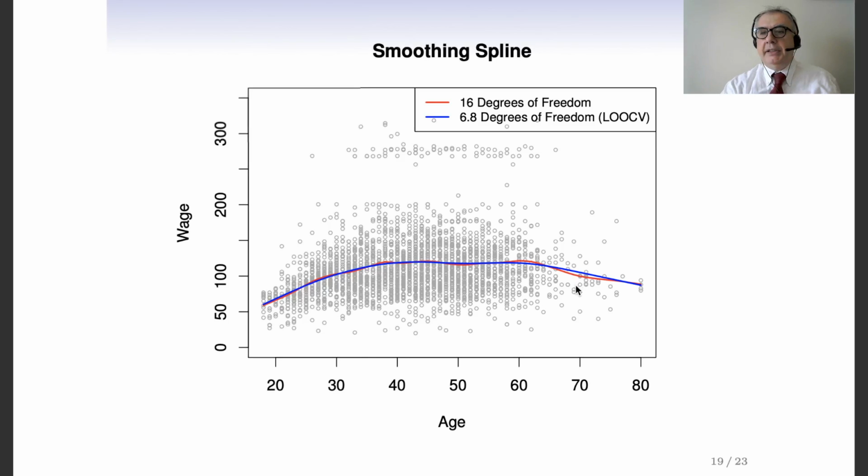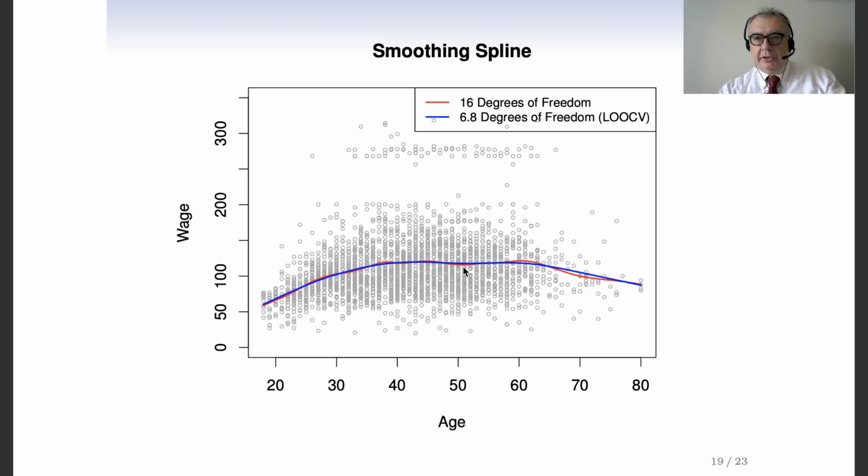But let's see how it works in practice. So this is a smoothing spline. Here we have two curves. The first one is a smoothing spline with 16 degrees of freedom. The second one with 6.8 degrees of freedom. And this value of 6.8 was found by applying the leave one out cross validation criterion.